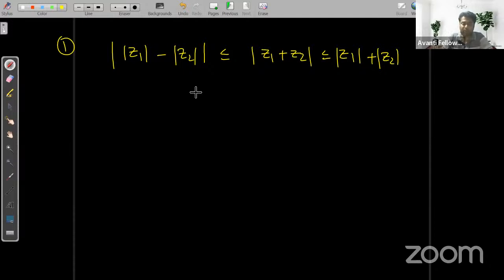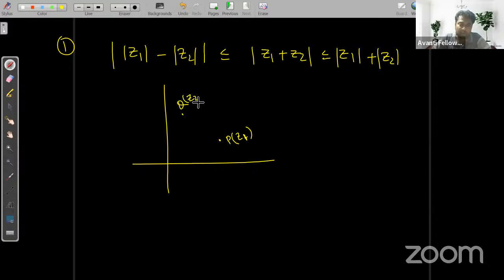Is that clear to all of you or not? You can draw a figure also. Suppose this is my Argand plane and this point is P, which is also Z1. And this point is Q, complex number Z2. Right?